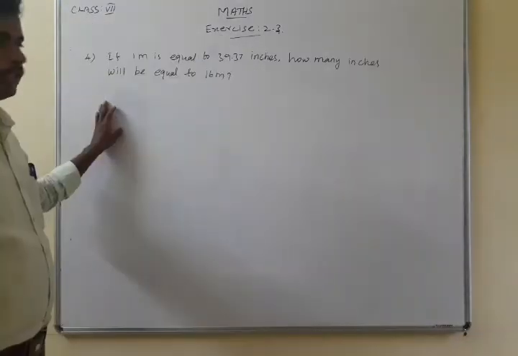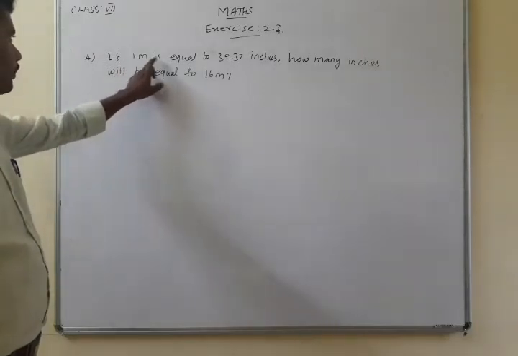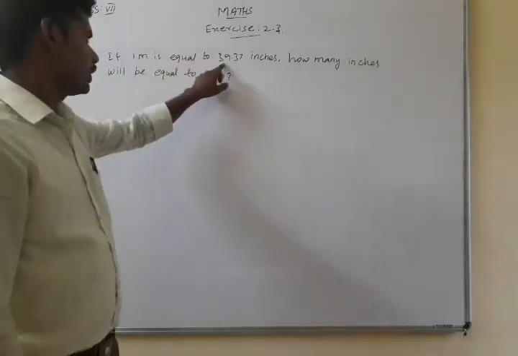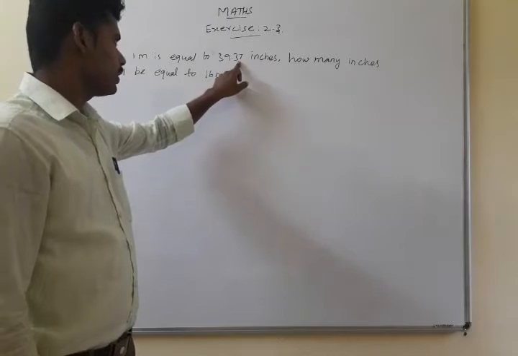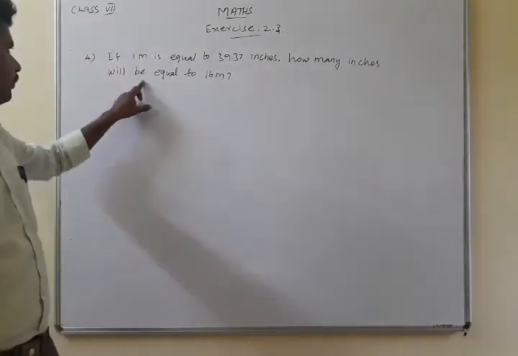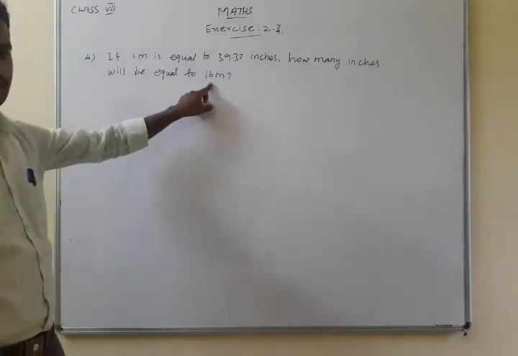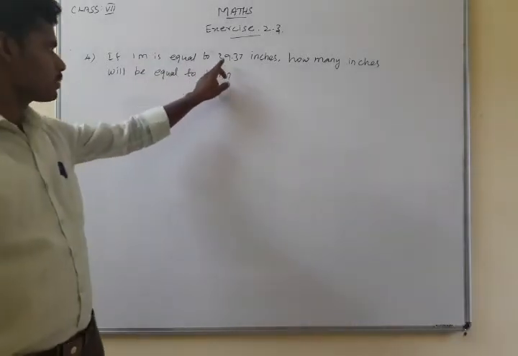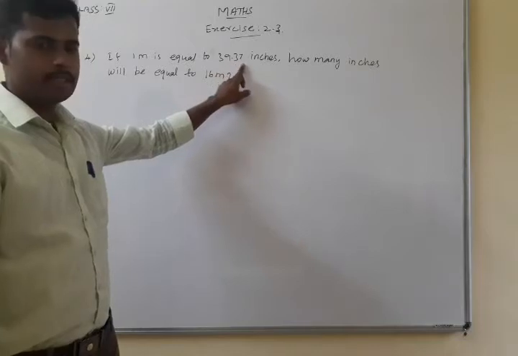This is the next question. If 1 meter is equal to 39.37 inches, how many inches will be equal to 16 meters? Here 1 meter equals 39.37 inches.